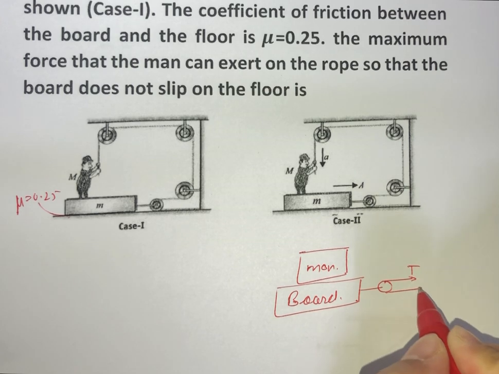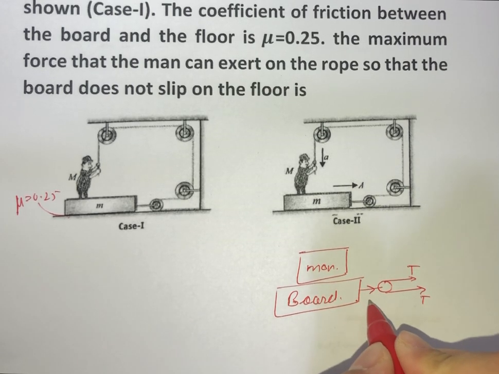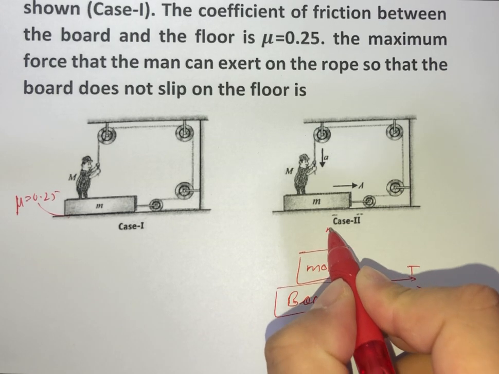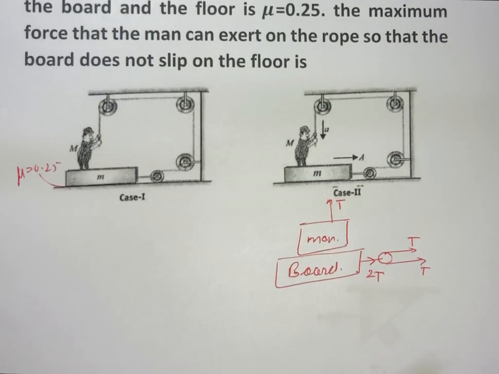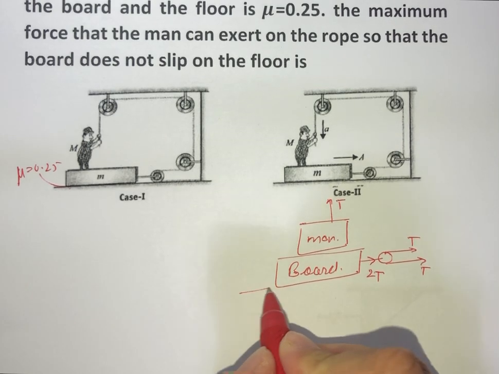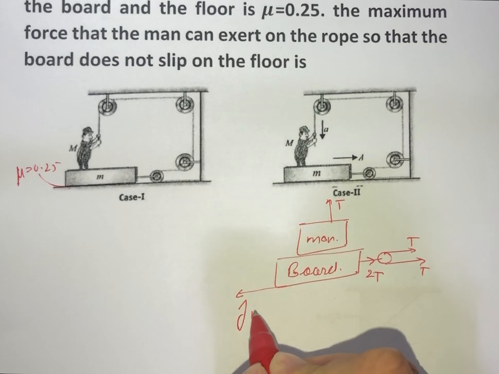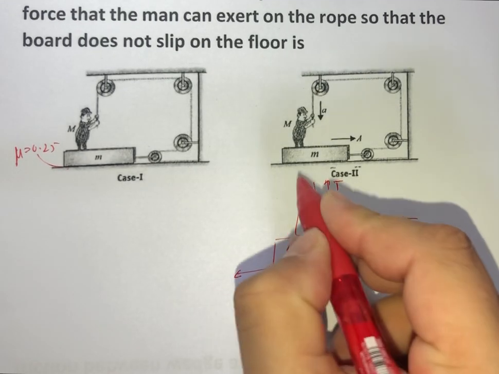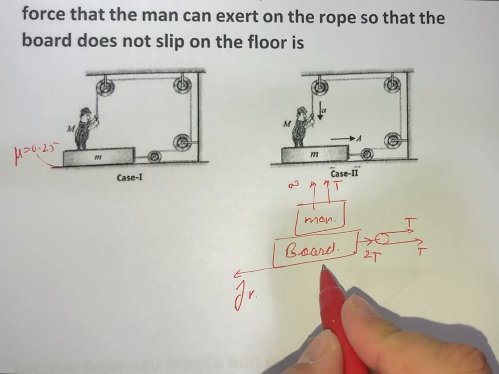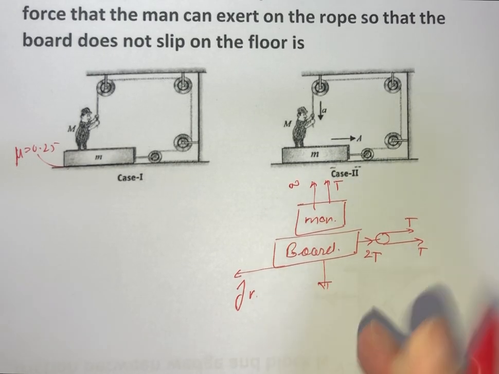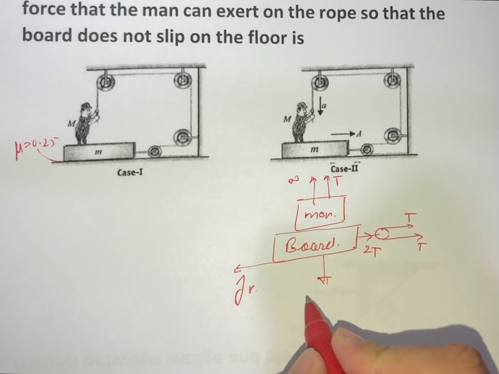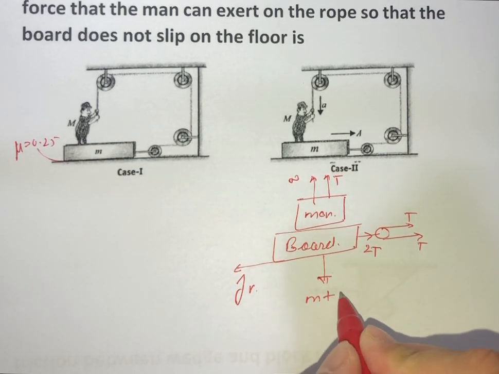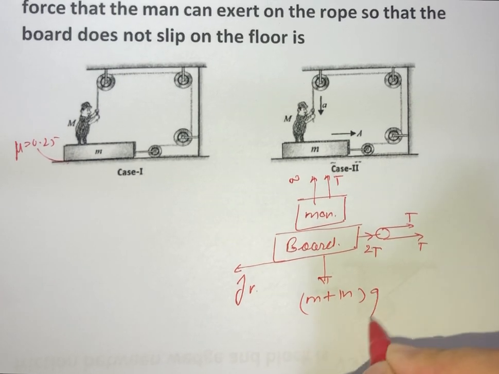So let us assume T is the tension. So here it will be 2T then, and the man is pulling the rope, so this will be also T, and because of the friction, let us call that as Fr, and there will be a normal N, and in the downward direction we are going to have small m, that is the mass of the board, plus capital M multiplied by g.